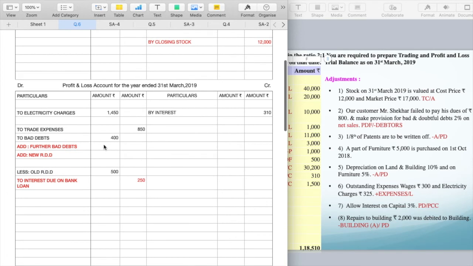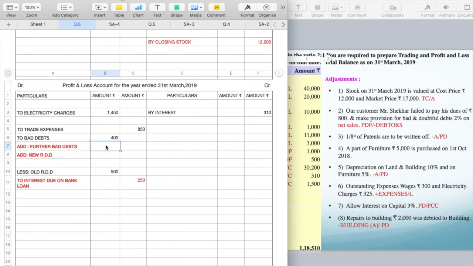Now the second effect in the formula: further bad debts 800 and new RDD 600. The total of the three of them will be 1,800, and out of 1,800 if we minus 500, the outer column balance will be 1,300.